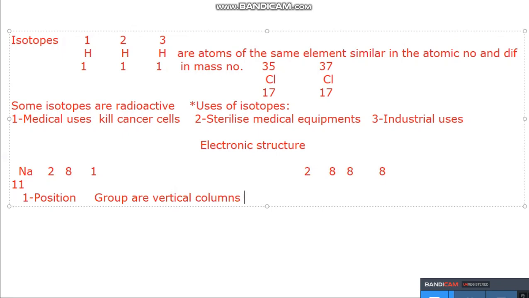The vertical columns are called groups. Okay, and the horizontal rows are called periods. So we have periods, periods are horizontal rows. So in the periodic table, the vertical columns are called groups, and the horizontal rows are called periods.